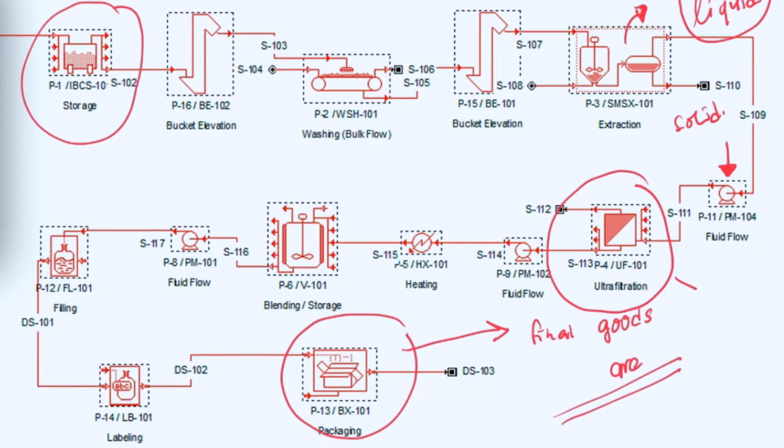So here you can see in this simple process, it involves three units of pump. 1, 2, and 3. So these three pumps are essential for the transportation of fluid. Without it, then you will face challenges to transport your fluid from one point to another. So this is just a simple introduction.